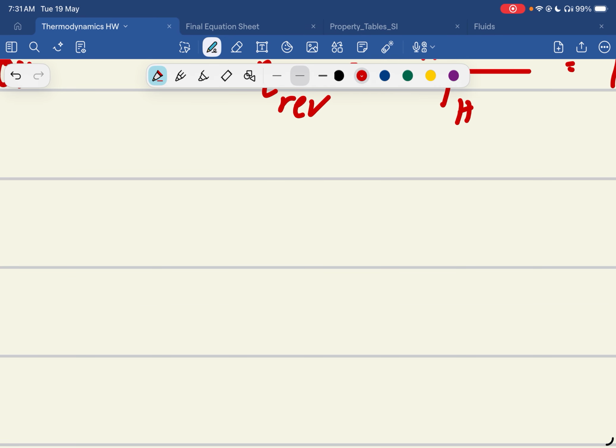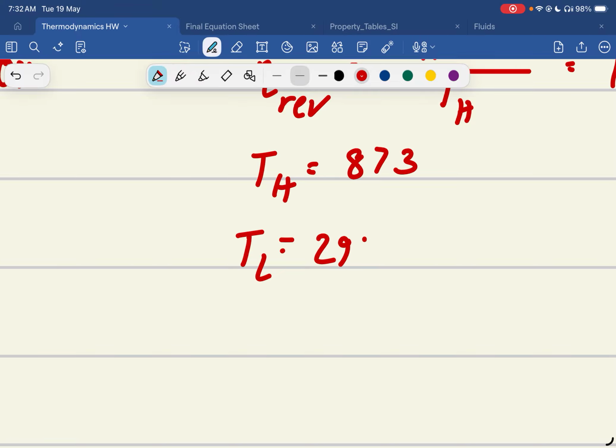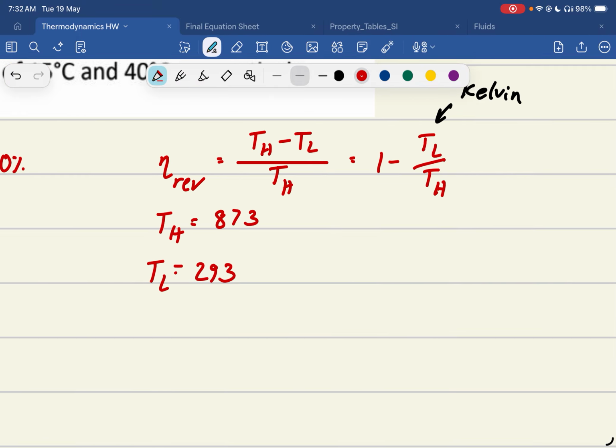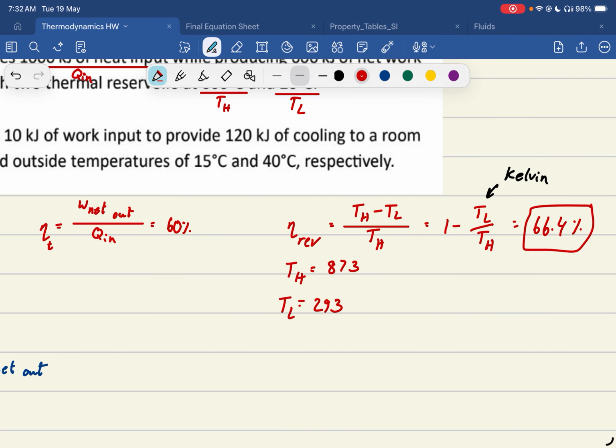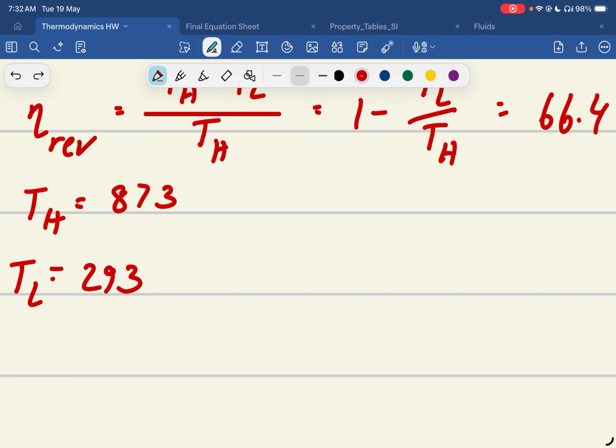T high equals 600 plus 273, which equals 873, and T low is 20 plus 273, and it's 293. If you take 873 minus 293 over 873, all of that would equal 66.4%. And because this is larger, it would be irreversible.